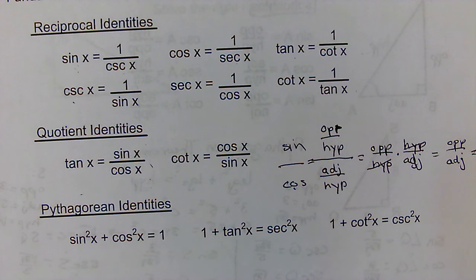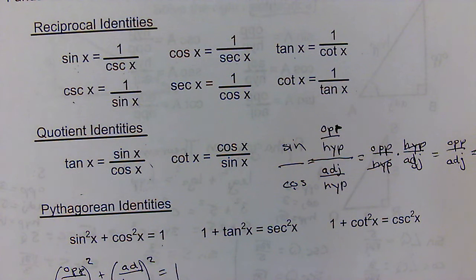And there's 3 identities that come straight from this being a right triangle. This one's the most obvious. If sine is opposite over hypotenuse, and we are squaring it, and cosine is adjacent over hypotenuse, and we're squaring it, then when I square these, I get opposite squared plus adjacent squared in the numerator, and hypotenuse squared in the denominator.